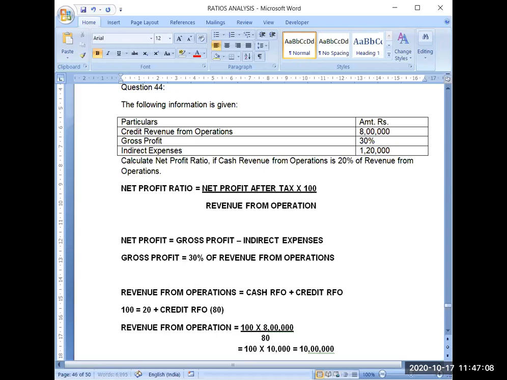It will be equal to 30 multiplied by 10 lakh upon 100.